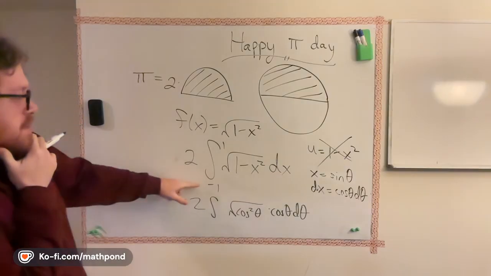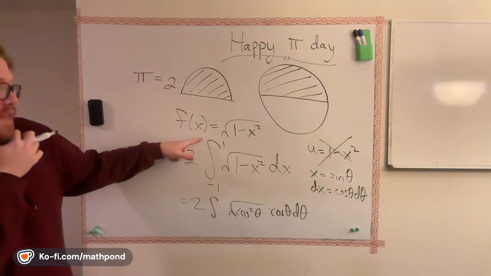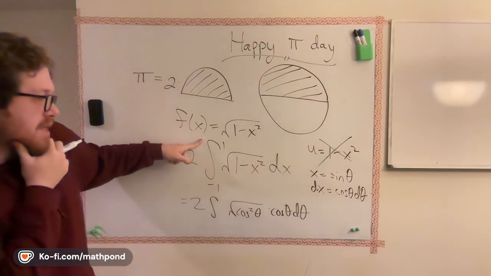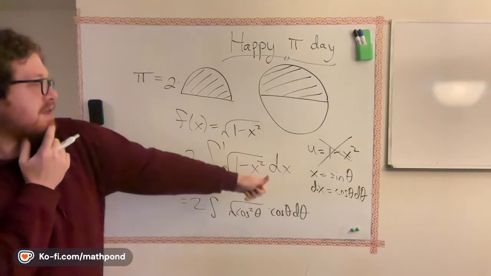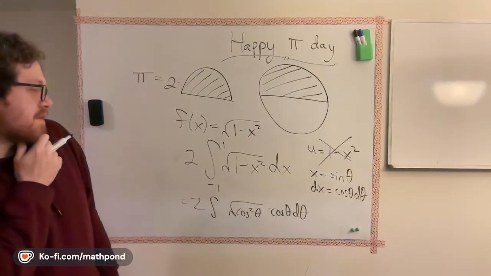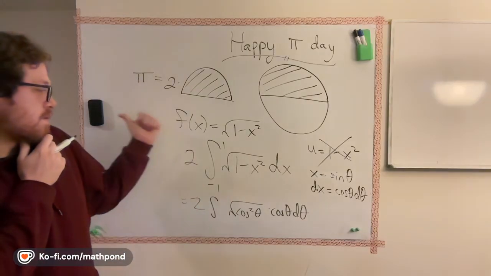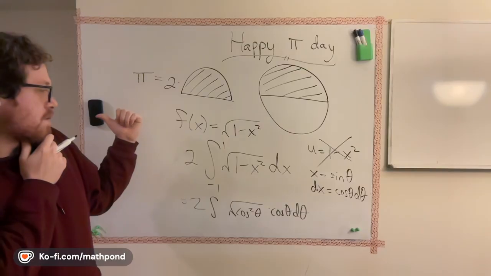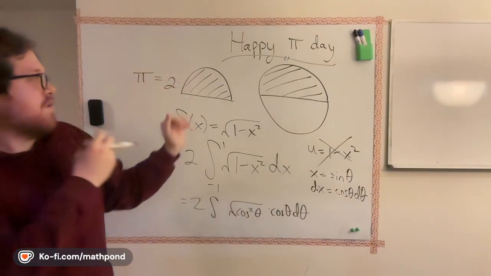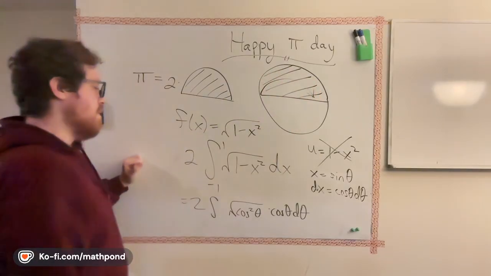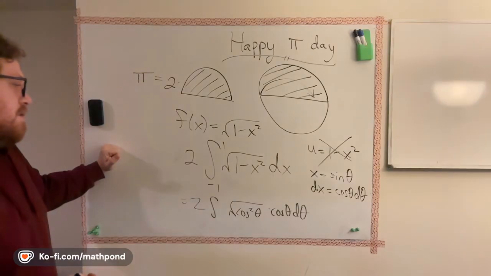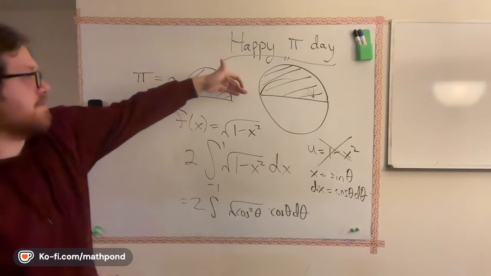So if the bounds here were -1 to 1, that was for x. Now we're in theta coordinates. So if x is going from -1 to 1, theta must be going from here to here, I guess. Wait, sine's going from 0 to 0?